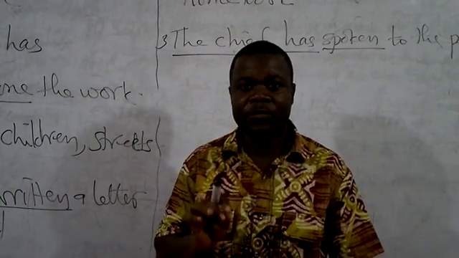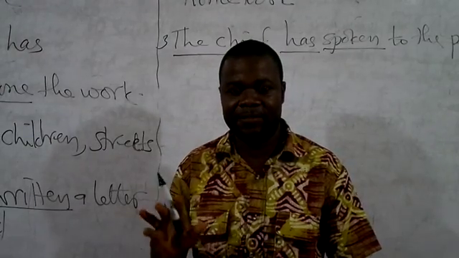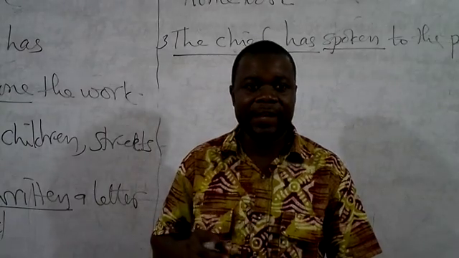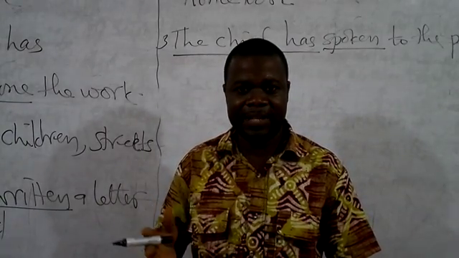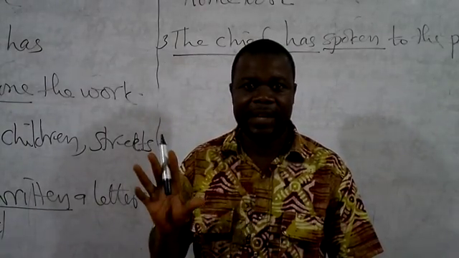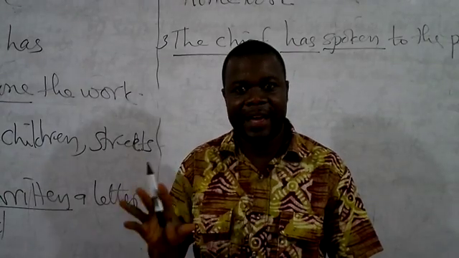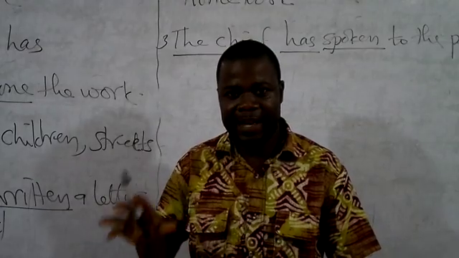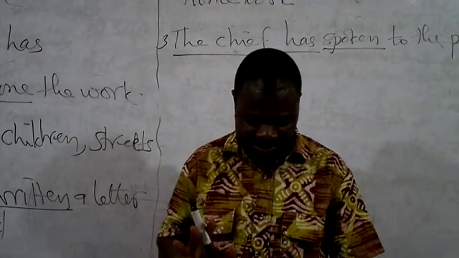So the has will take the third person singular, that is he, she, it, whilst all other subjects will go with the have. So we have I have, they have, Kwame and Adwoa have, etc.